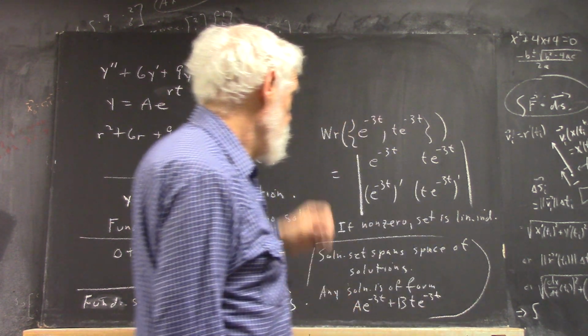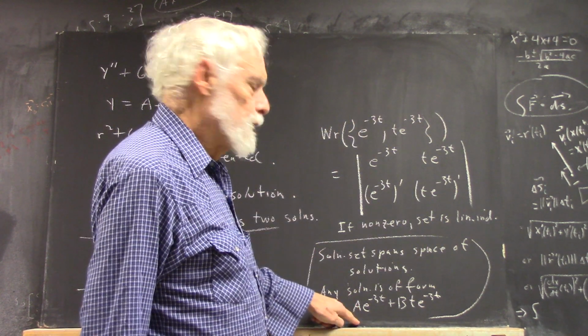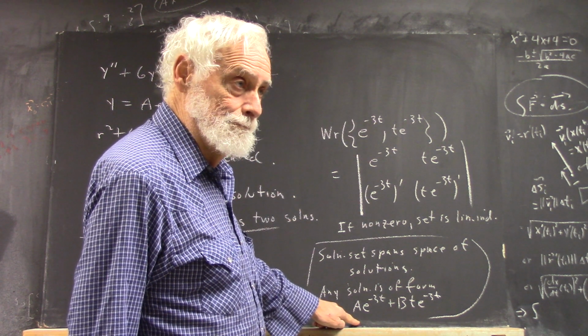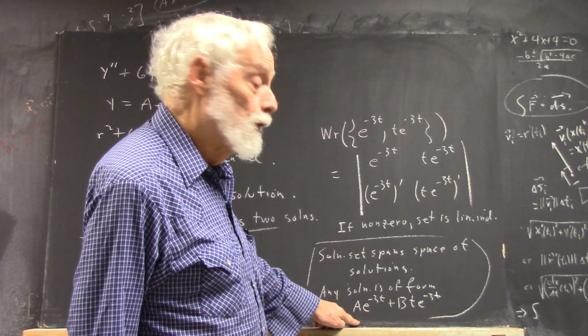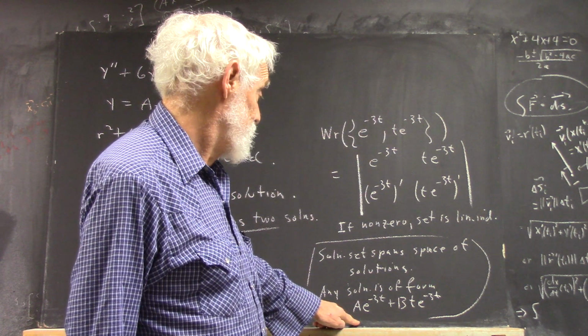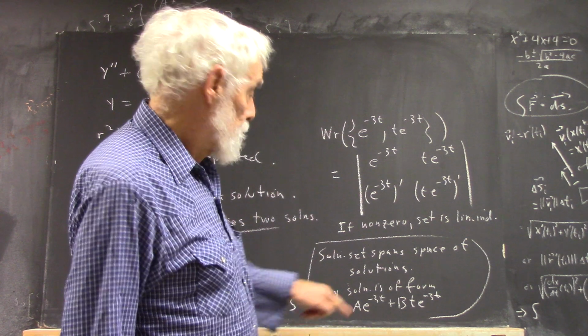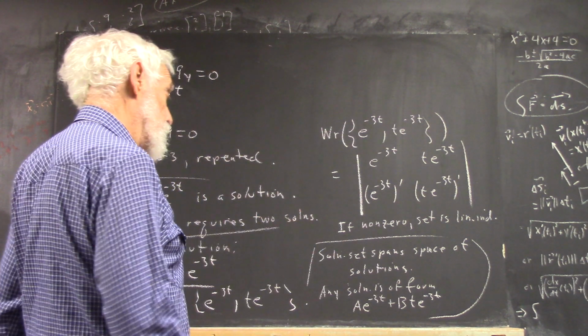And this means that any solution is of the form this, okay? And anything of this form is a solution, okay? So I didn't have room to write that out.